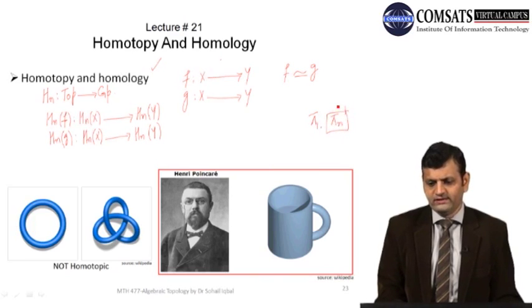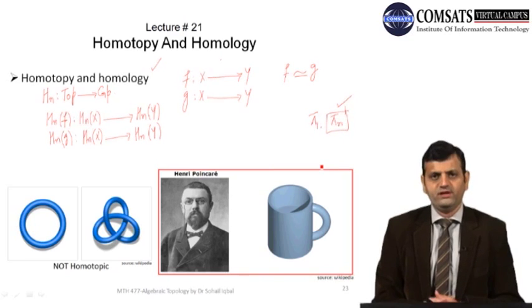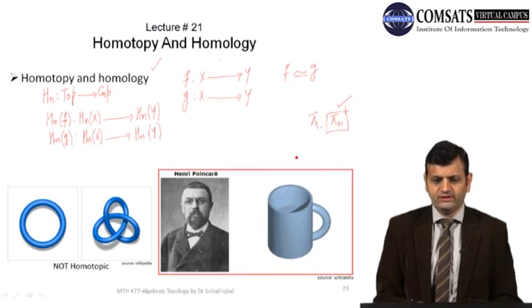But the point is, these groups are extremely difficult to calculate. So what we did is we chose an alternative way, which is relatively simple. Of course, it will not be as efficient as pi n, but it will be sufficient for our understanding of the topological structures.